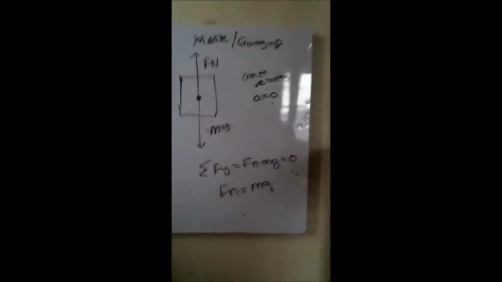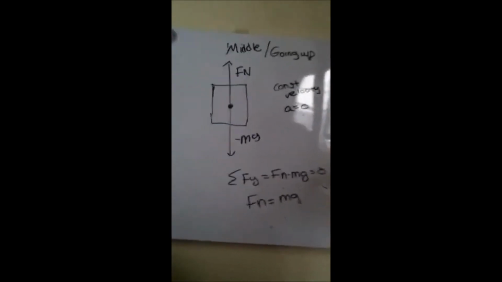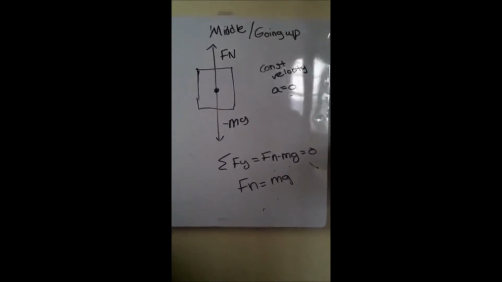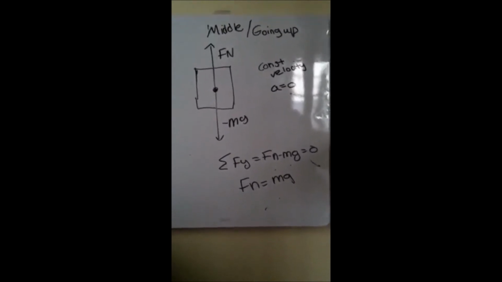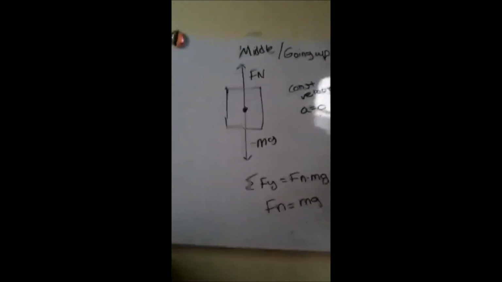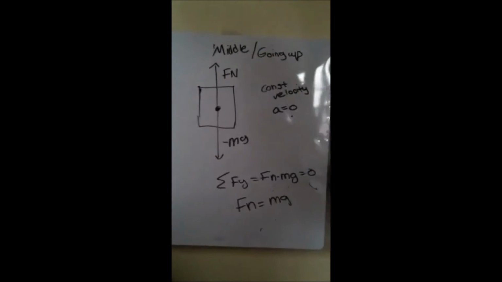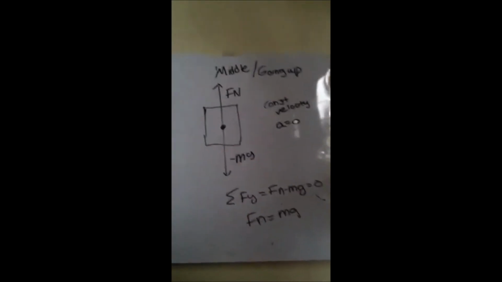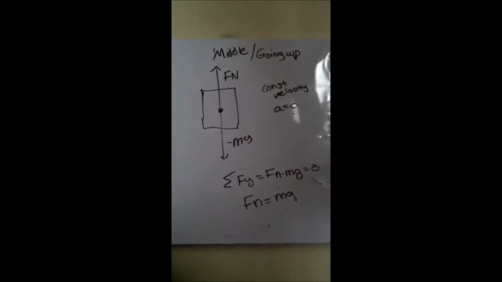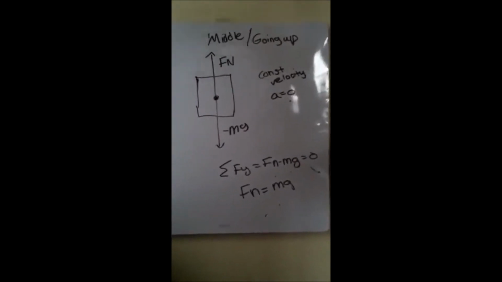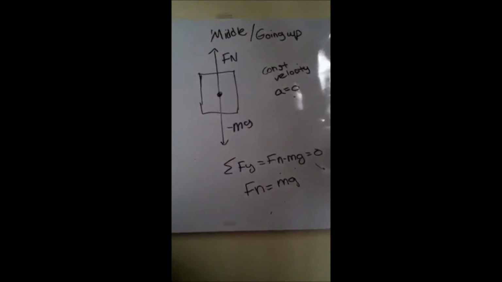Alright, so this is the free body diagram and explanation for the point in time when the elevator is moving at a constant speed. So right after its initial acceleration, this is how the Fn is going to be affected.